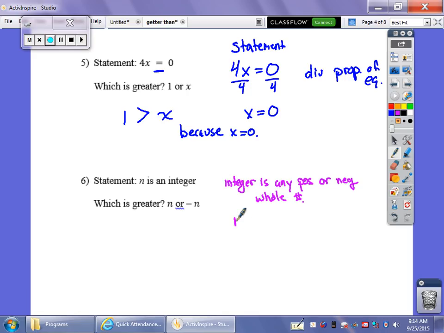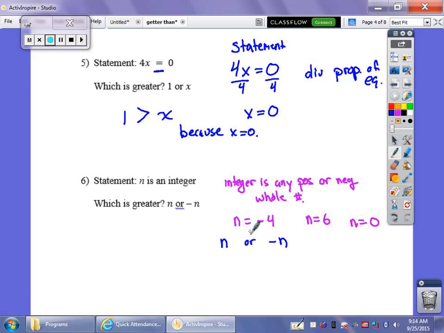Since it's any positive or negative whole number, we have to try a few different numbers. If we choose a negative number like -4, we can choose a positive number like 6, or we can choose 0. So we have 3 different options. Now we have to check all of our options. Which is greater, n or negative n?